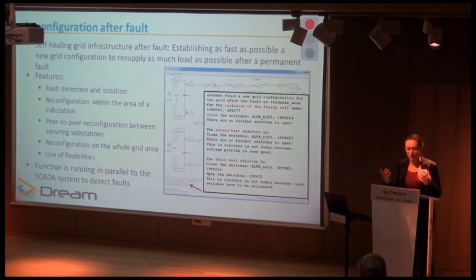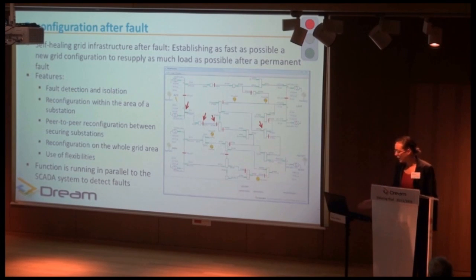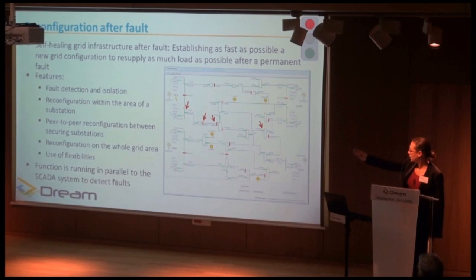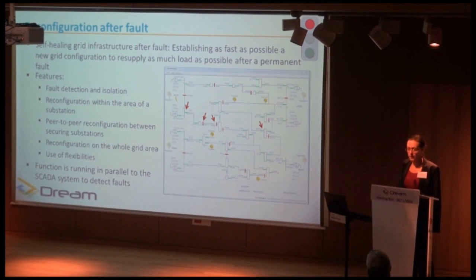This we do not do in the project; the grid operators will do it. So we propose, in the form of a text, a solution that the grid operators can follow to establish the new configuration. In this case, it would firstly be to isolate the faulty cell, then to reclose the circuit breaker, and then to reestablish the supply for the rest of the feeder.